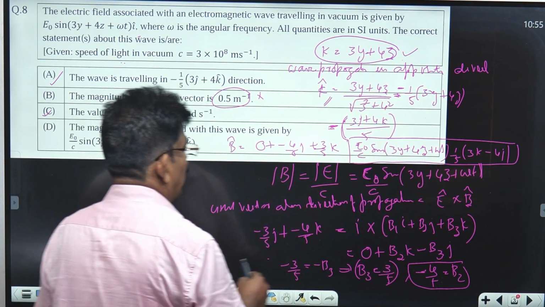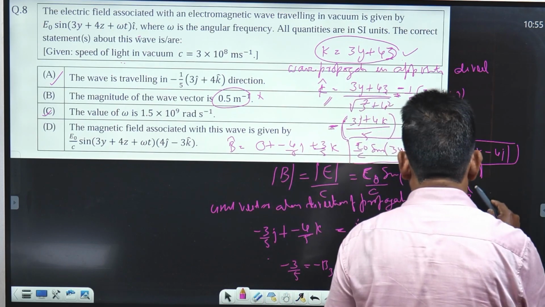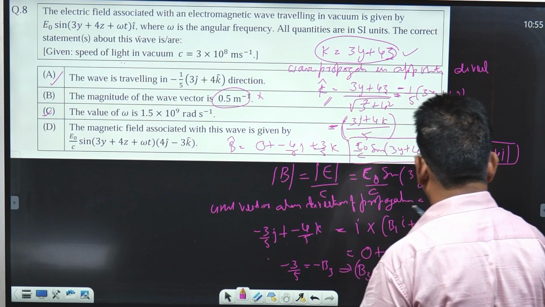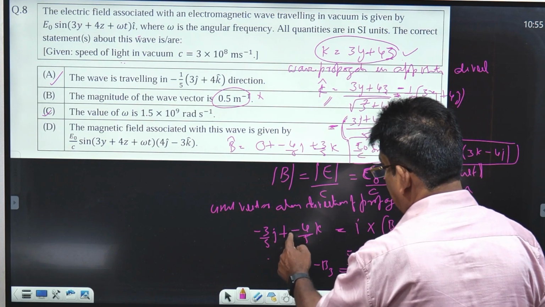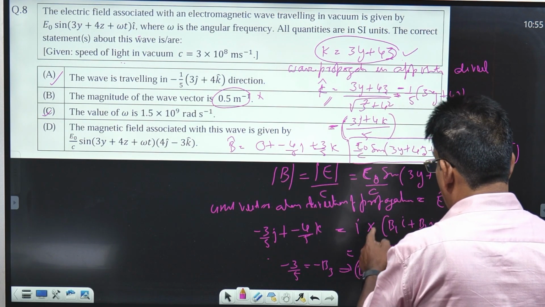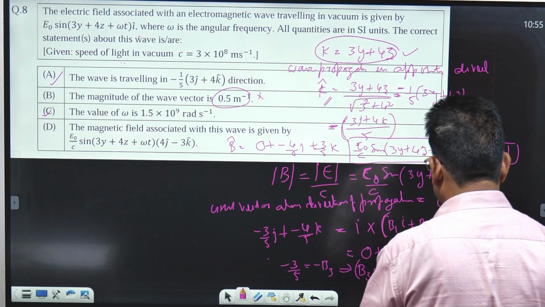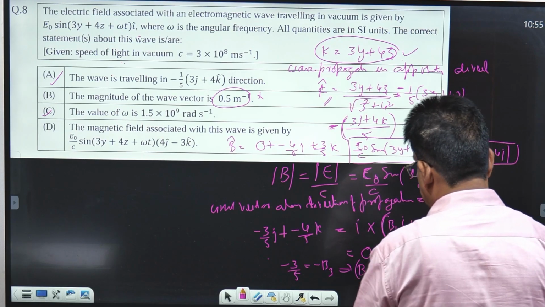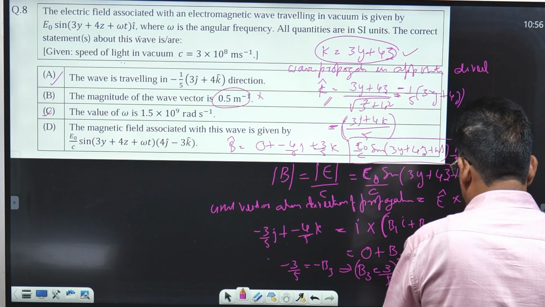The magnetic field vector is, once again, the magnitude of the magnetic field times the unit vector in the direction of the magnetic field. We calculated the unit vector in the direction of propagation, E cross B, that is minus 3 by 5j plus minus 4 by 5k, equal to i cross the unit vector b1i plus b2j plus b3k. Taking the cross product, the first term is 0, the second term is b2k, the third term is minus b3j.